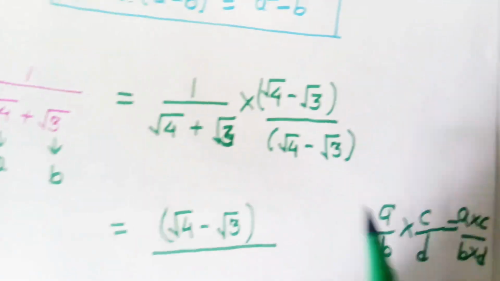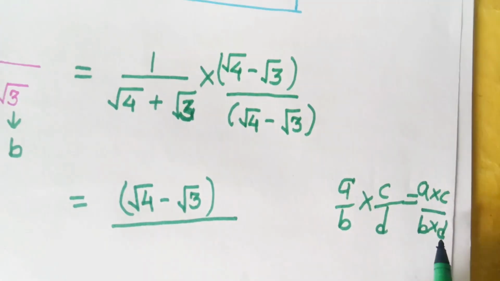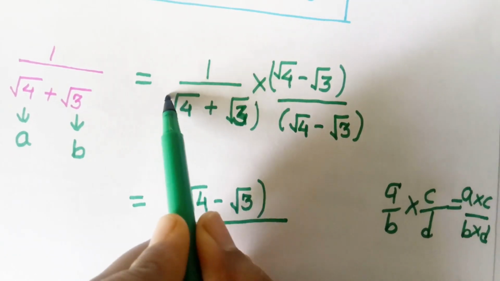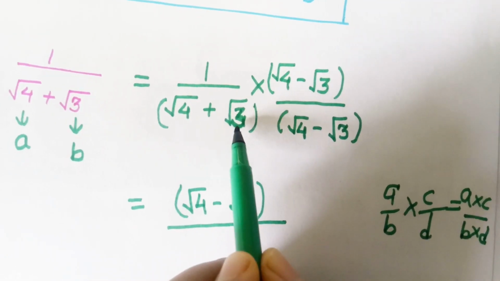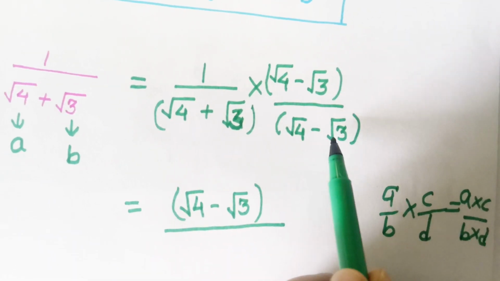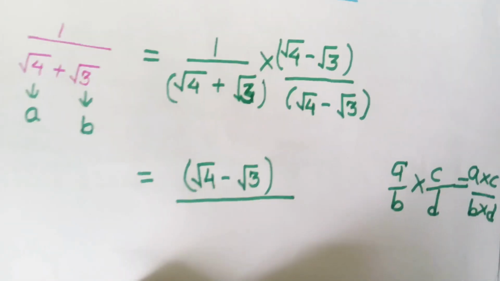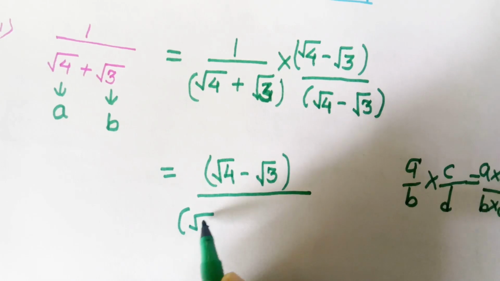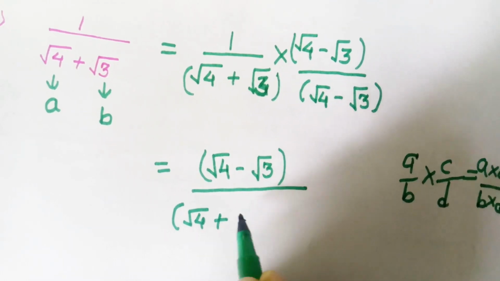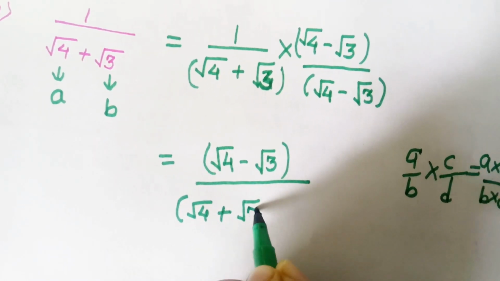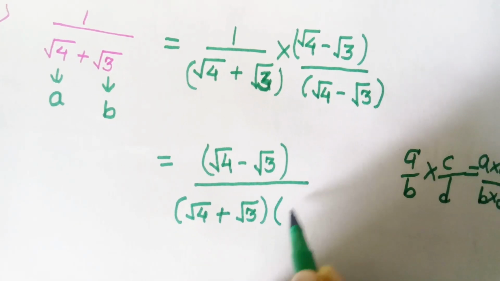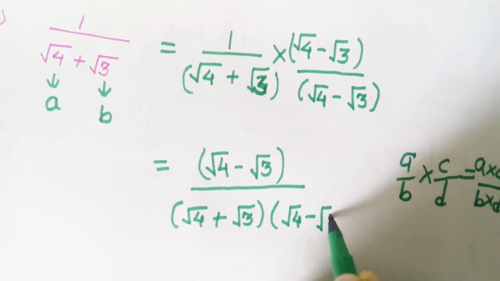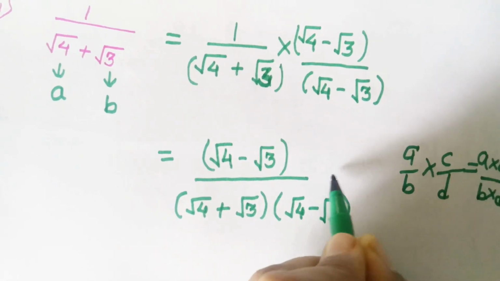Now divided by the term, again the product of the denominator terms. If we take the product of the denominator terms, then we get under root of 4 plus under root of 3 into under root of 4 minus under root of 3.